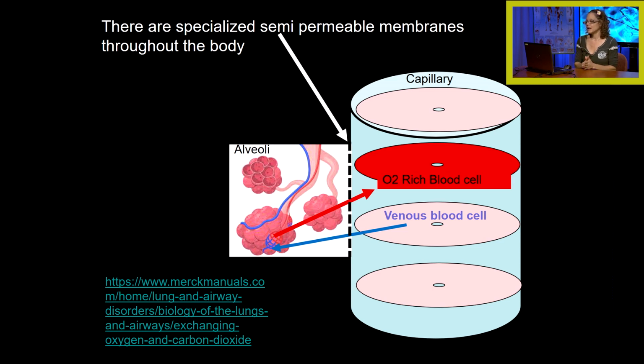So what will happen is the oxygen-rich blood will go back up into the heart and be used to perfuse the body, and the venous blood will go back up into the heart and into the lungs to be re-oxygenated in order for it to provide the body with the oxygen-rich blood that it needs. But this happens at the level of a semi-permeable membrane.